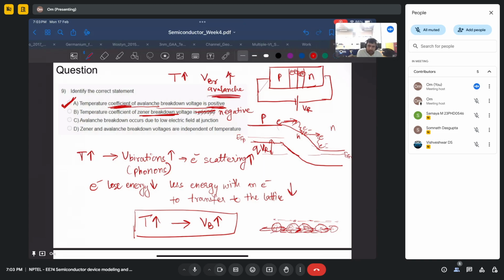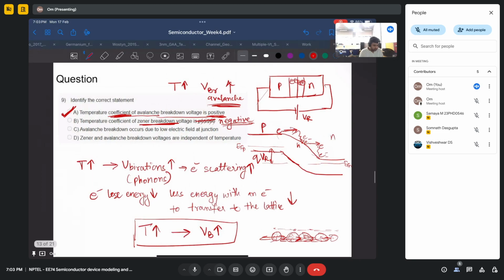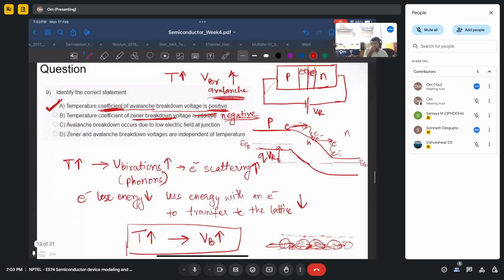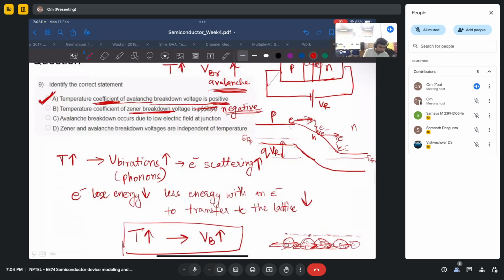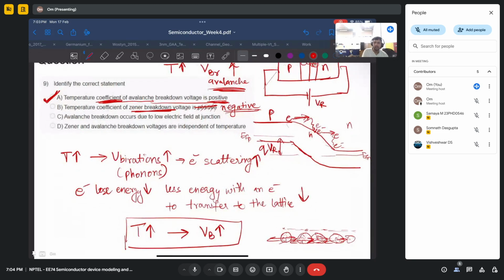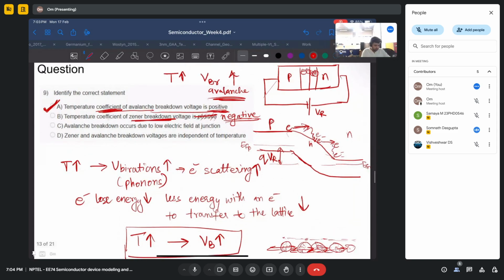And why is its temperature coefficient negative? If you don't get the answer, we can talk about it in the next class. Both of these concepts are very important when you're studying devices, so you should know both of them thoroughly. I just explained the very basics of avalanche breakdown, but look into what Zener breakdown is, how it is different from avalanche breakdown, and why its temperature coefficient is negative.